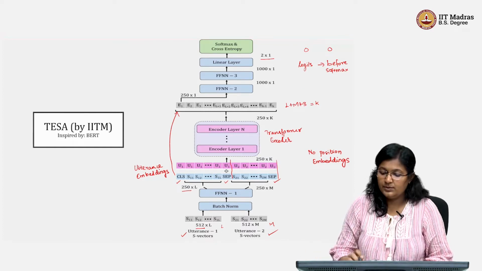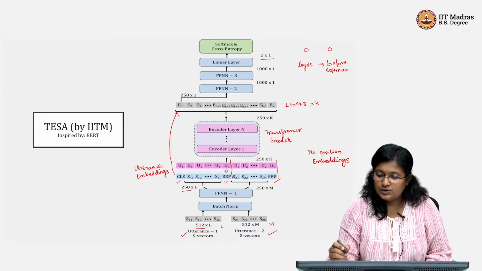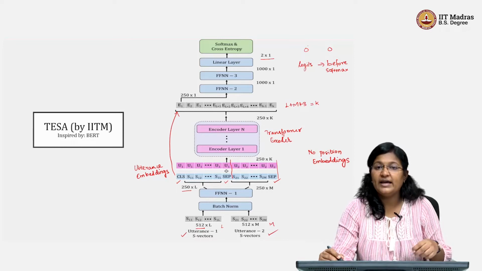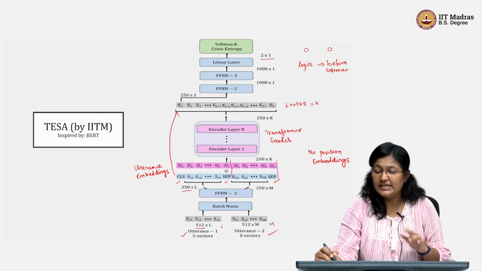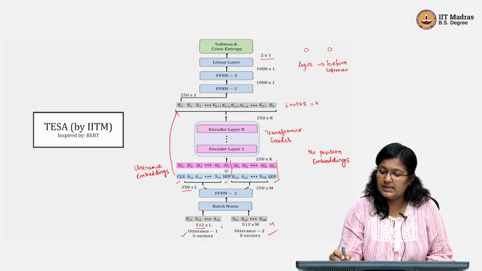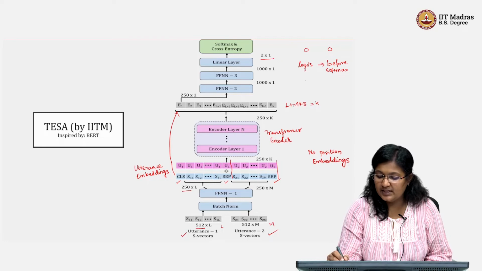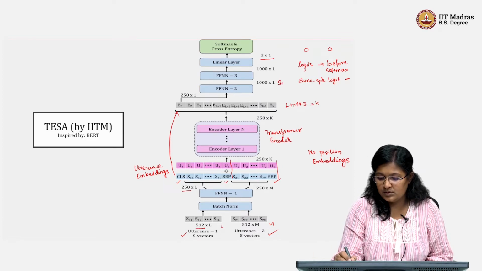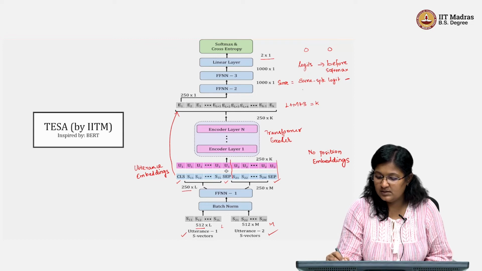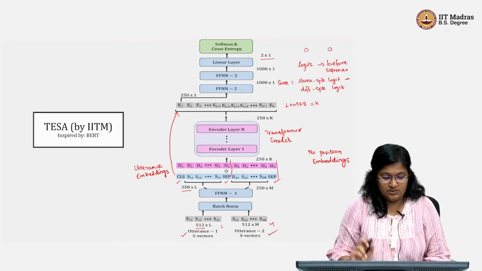One will go high when it is from the same speaker, and the other will go high when it is from a different speaker. What you do is you subtract the different speaker logit from the same speaker logit, and that is the score. So this is how you get the scores.